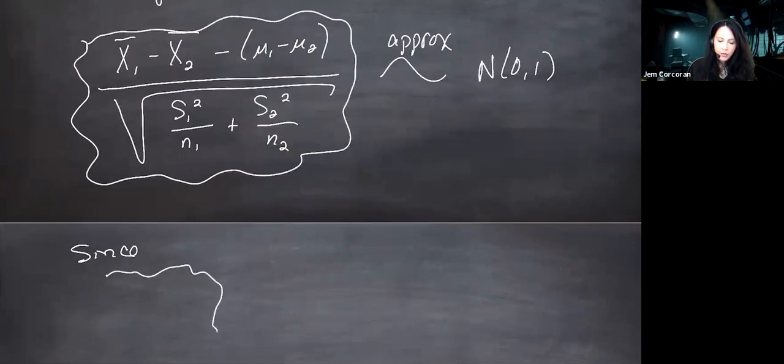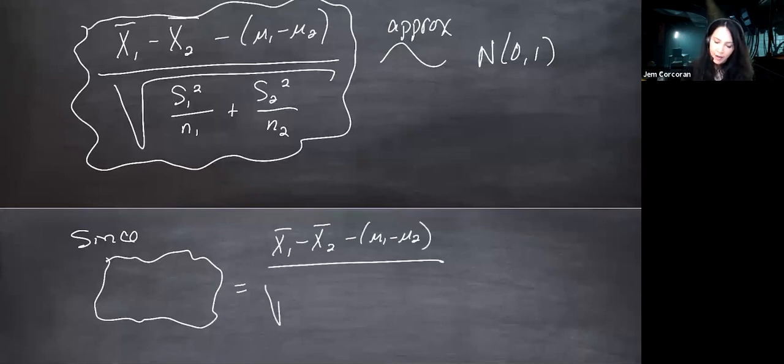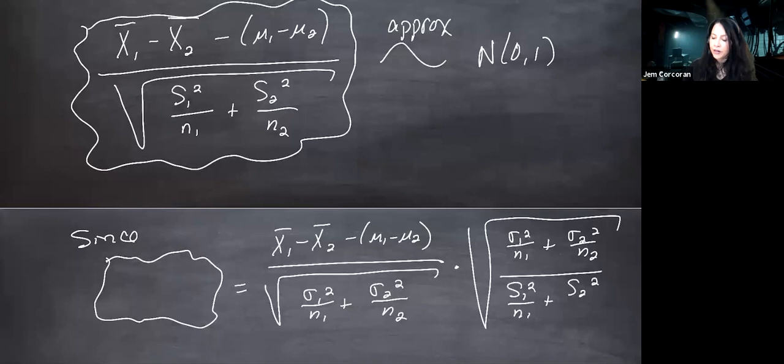Since the weird squiggly box is equal to x1 bar minus x2 bar minus mu1 minus mu2 over, I'm going to put the sigmas back in, the square root of sigma 1 squared over n1 plus sigma 2 squared over n2, times the square root of sigma 1 squared over n1 plus sigma 2 squared over n2, all over, still under the square root, s1 squared over n1 plus s2 squared over n2.